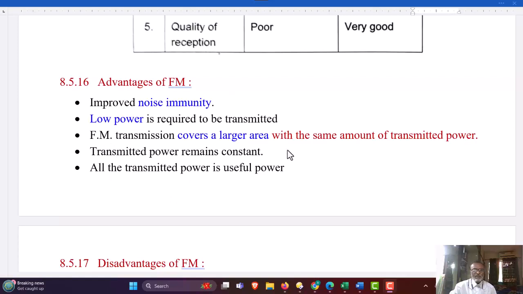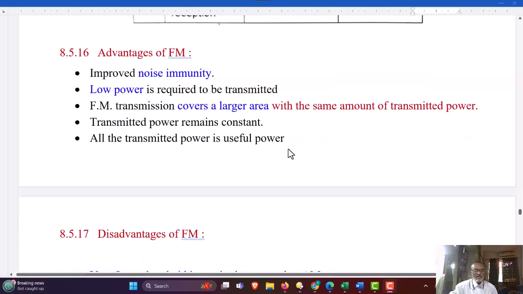The area of coverage of FM is large with the same amount of power transmitted compared to AM. Transmitted power remains constant in FM. Why is it so? Because the amplitude of the modulated signal remains constant. Whereas in AM, the amplitude is varying and we know the power is proportional to V square by R. And obviously if amplitude varies, the power transmitted also varies.